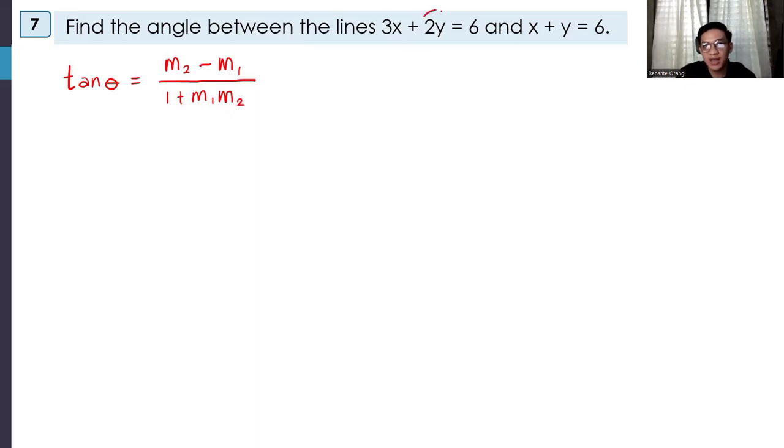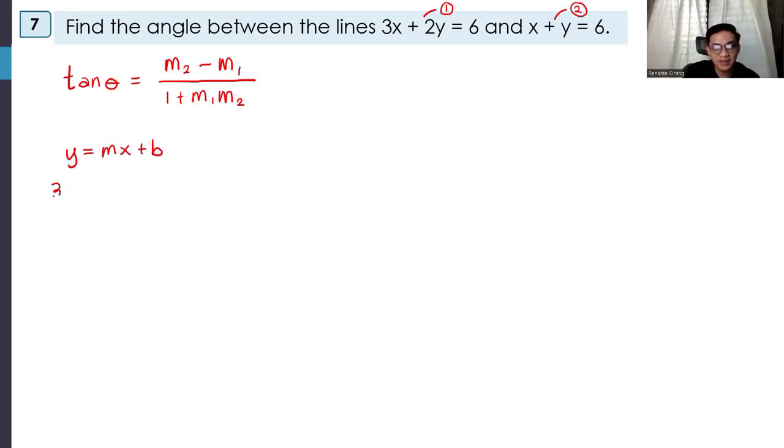So, this is our first line, and this would be our second line. So, let's solve first the slope of each line. We have y is equivalent to mx plus b. So, the m here is the slope for that line.